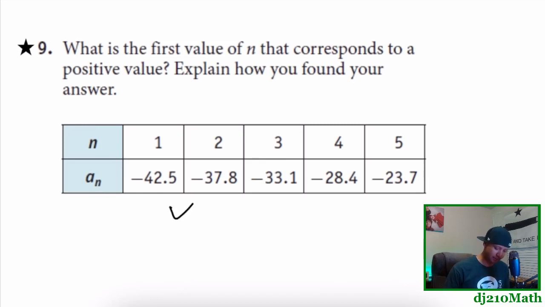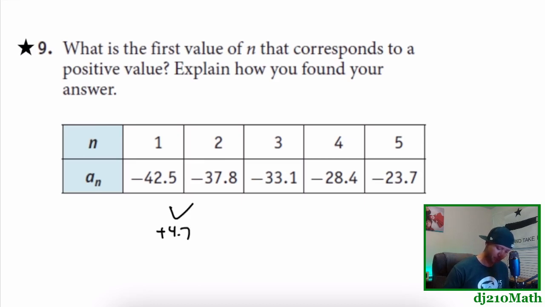We're adding. 2.5 and 2.2, 4.7. We're adding 4.7.